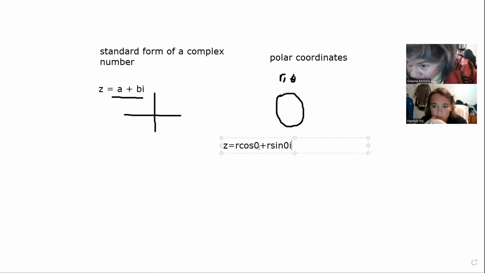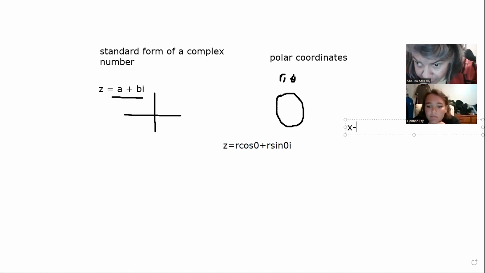This is kind of like A plus BI, because the cosine part is kind of like my X, and the sine is kind of like my Y. Does that ring a bell? A little bit. I'm not trying to derive everything, but I'm trying to relate everything so that when we do the formula, you see it. X is R cosine theta.